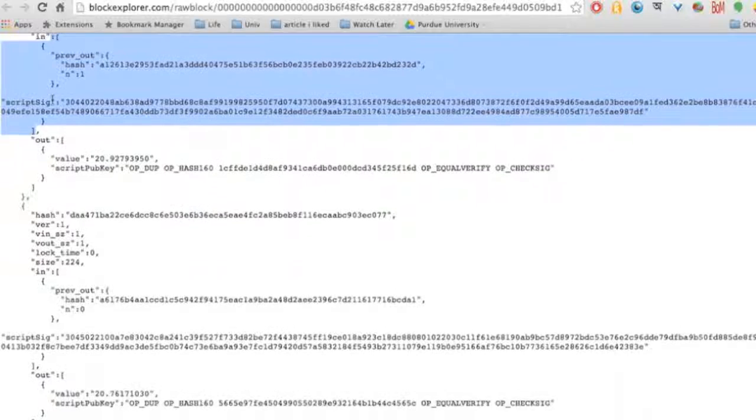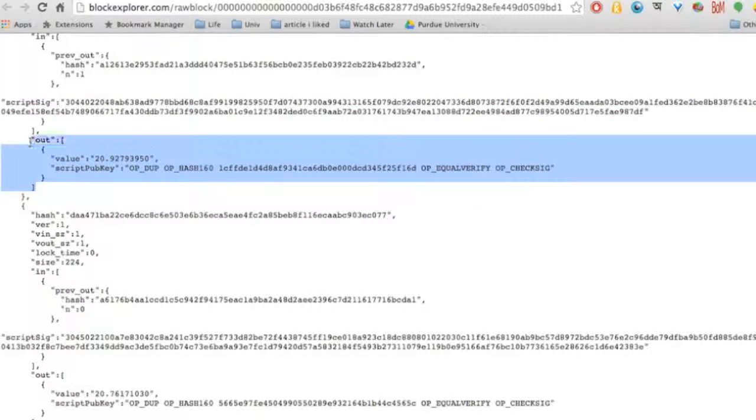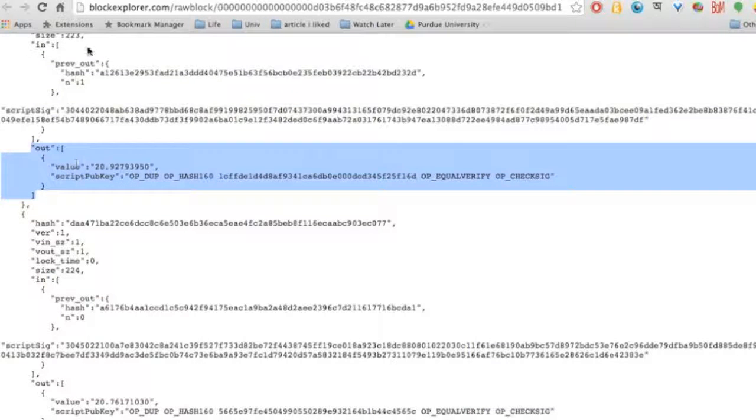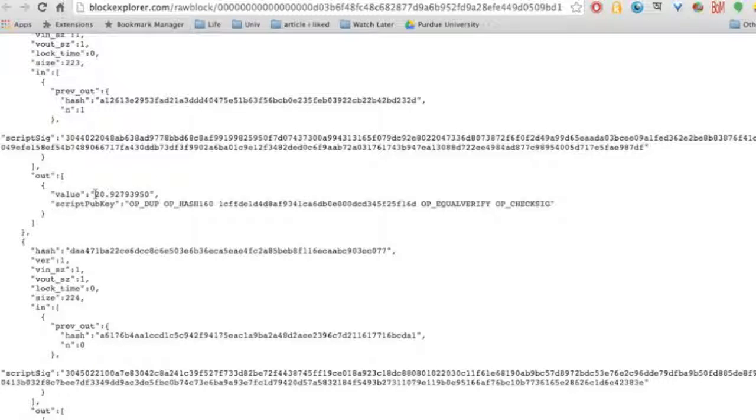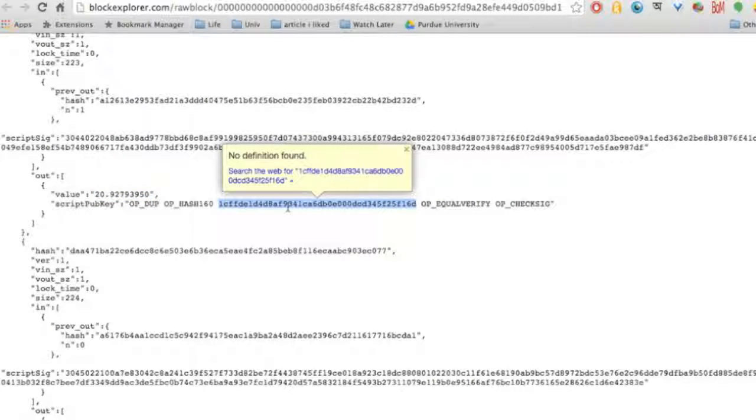Okay, and on the other hand, this output part says that you are sending, from a previous output, meaning from a previous input address, 20.9273950 Bitcoin to whom? To this Bitcoin address, to somebody else's Bitcoin address, or it can be your own Bitcoin address too.